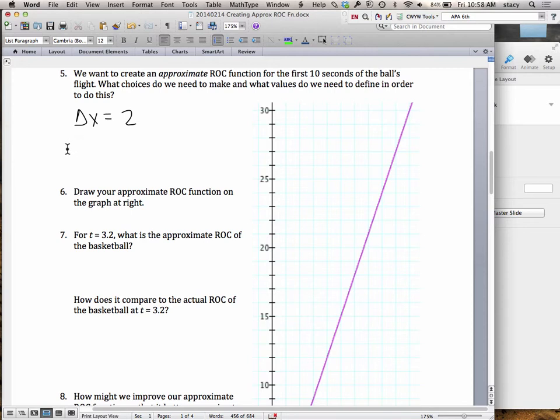Yes, say what choices. We need a starting value. I need to decide where this whole shebang begins. So where is a good choice for that? 0, right? Starting at -1 would not make much sense. Okay? All right. What else do I need to choose?